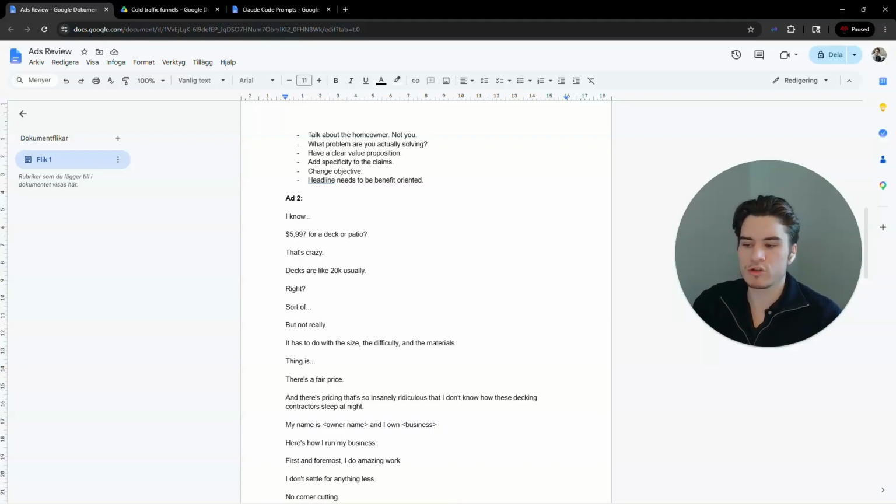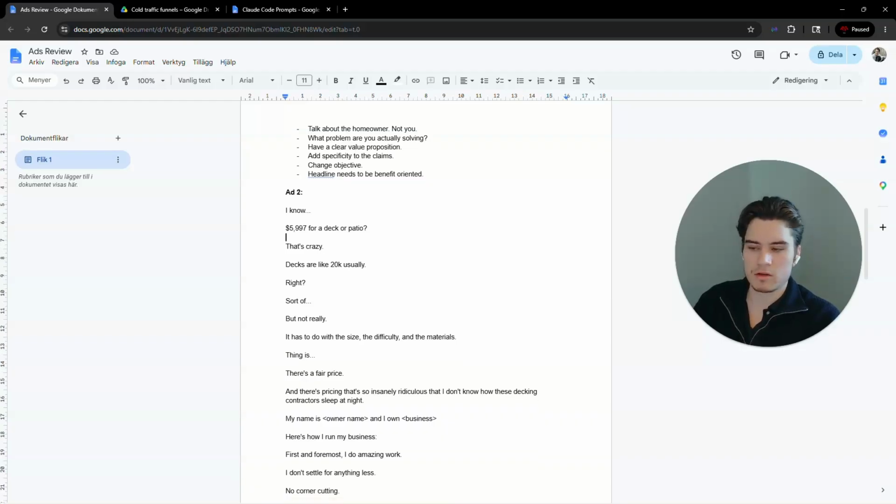So you'll struggle to upsell them on some more expensive stuff, or other services, which you're forced to do if you build decks and patios for like $6,000, right? You can't run a business just selling this. You will have to upsell people, but that's going to be difficult when your audience is made out of a bunch of price shopping people.